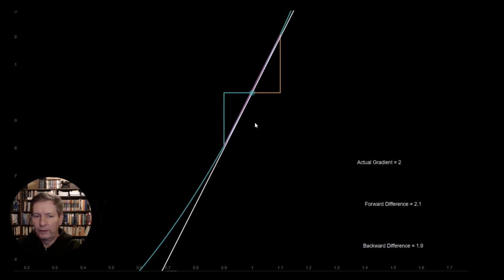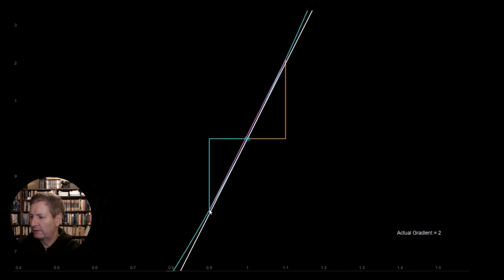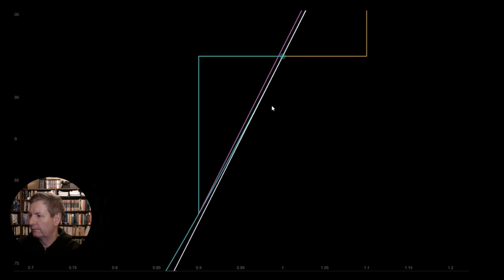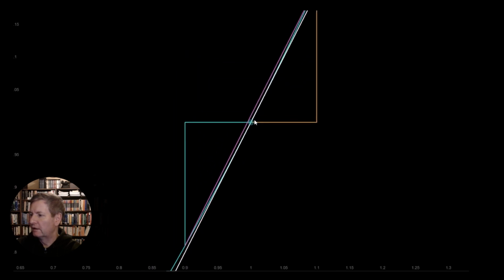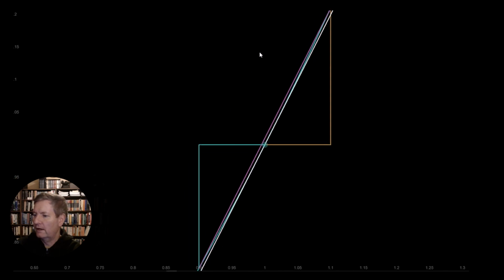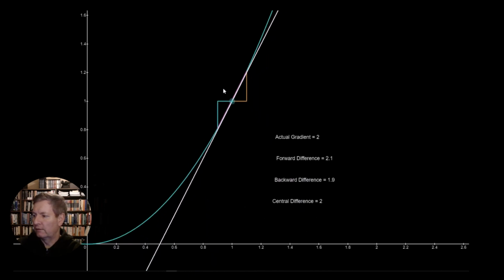So if I was to join both of these points together, so that's this point here and this point here, and you can see it's joined together with this little pink line, then what we'll have done is we will have generated the value for a forward difference of 0.1 and a backward difference of 0.1, and then we take the actual value for the gradient to be the gradient of the line which joins these 2 points, and that is called our central difference.